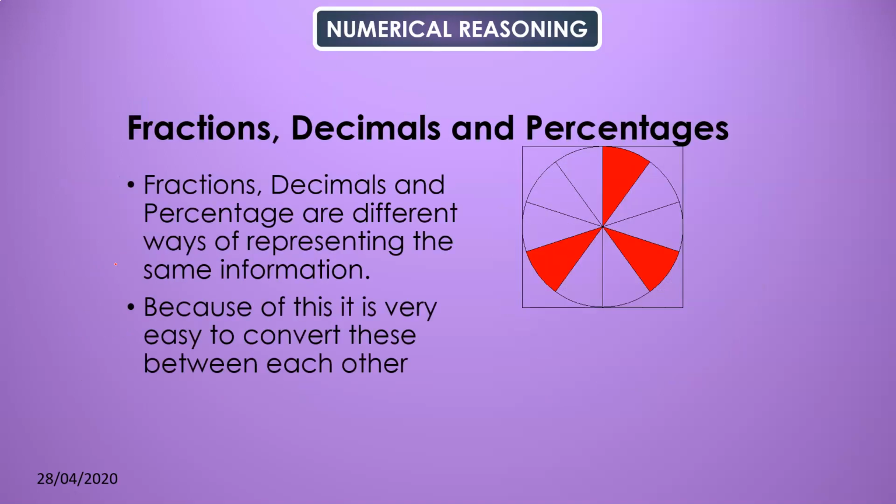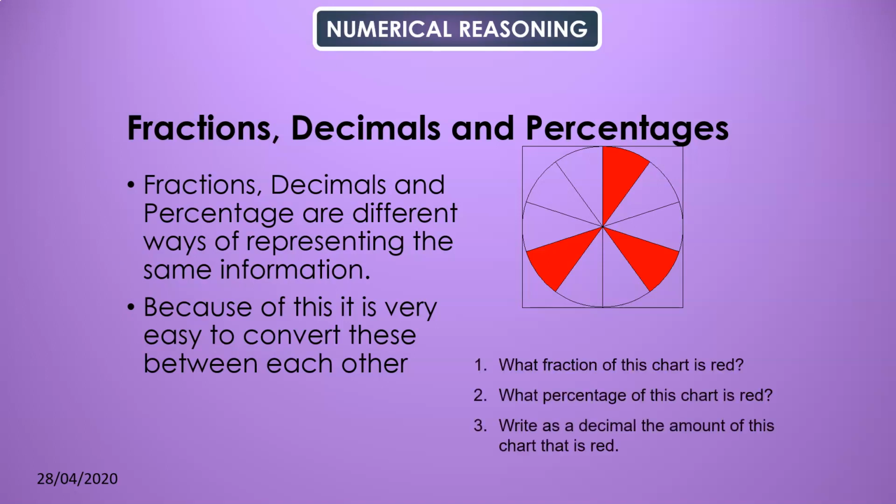So fractions, decimals, and percentages are all pretty linked because they are actually representing the same thing. So first of all, if we think about the graph we've got here, what fraction is red? If we think about the numerator, there's 3 shaded areas out of 1, 2, 3, 4, 5 out of 10 segments.